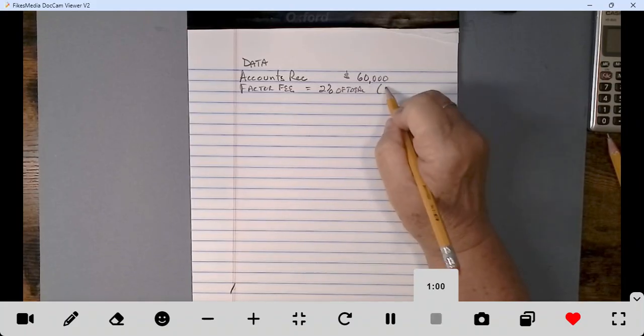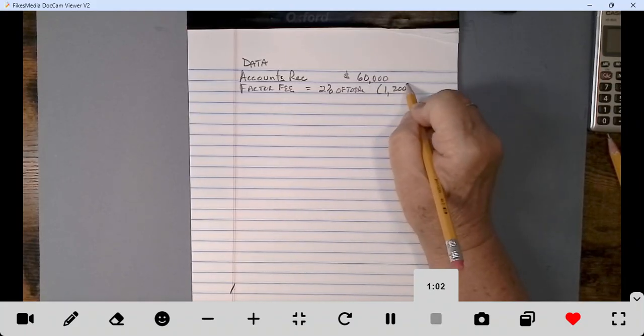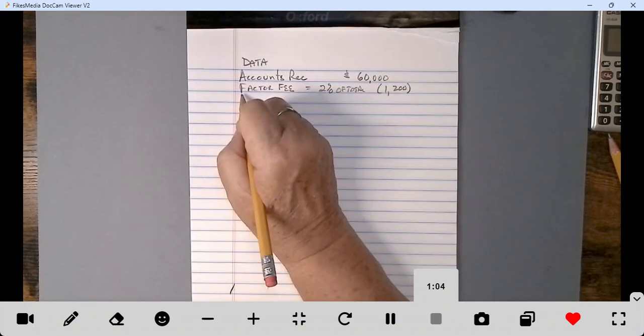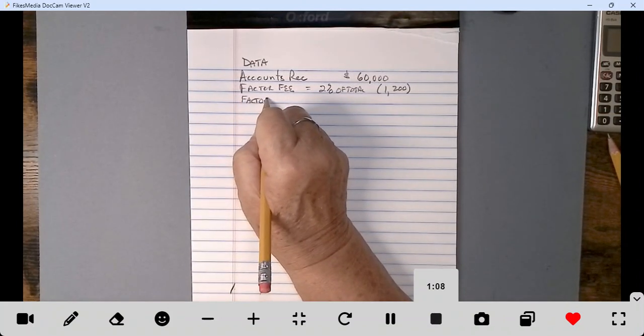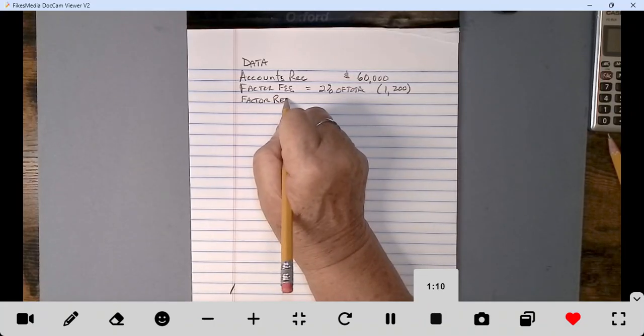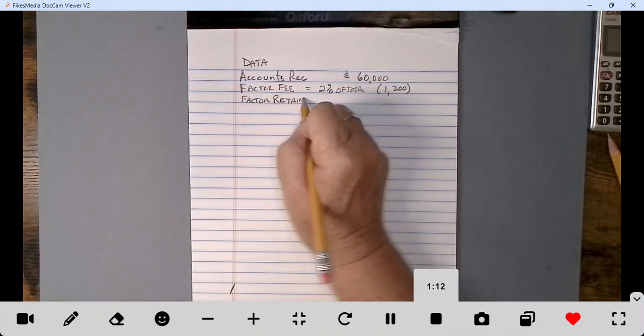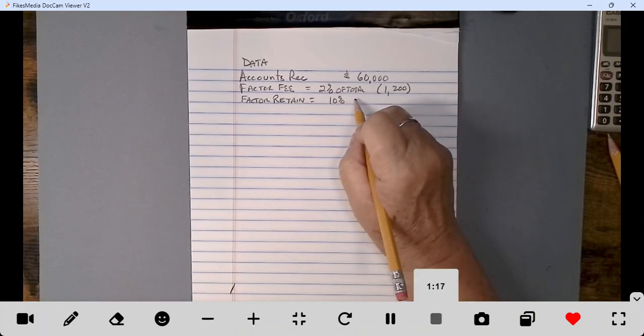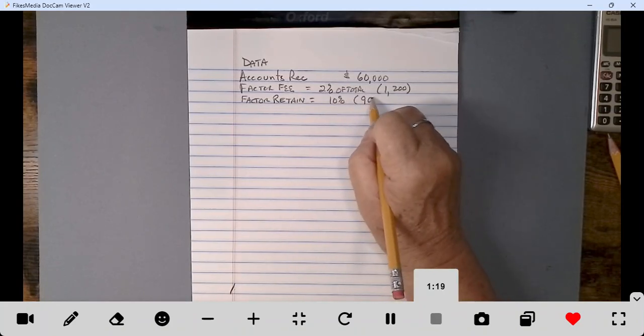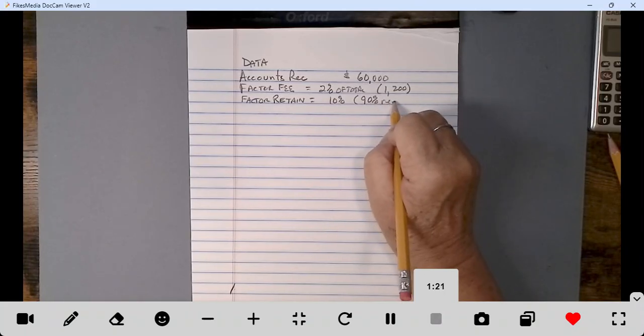And so right away, we know that that's going to be $1,200. And the factor retains. So we're looking for how much does the factor retain? They're going to retain 10%. So the proceeds, 90% is going to be remitted.